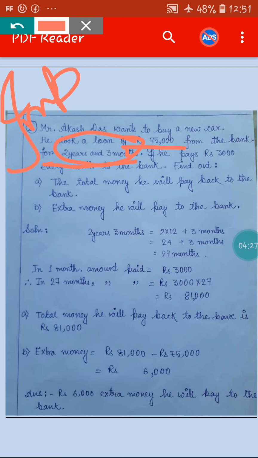When a person takes a loan from a bank, the bank gives the money and the bank sets some time limit. Within that time, the person has to pay back the money. So this is the time limit of Mr. Dash. He has to pay back the money within 2 years and 3 months.